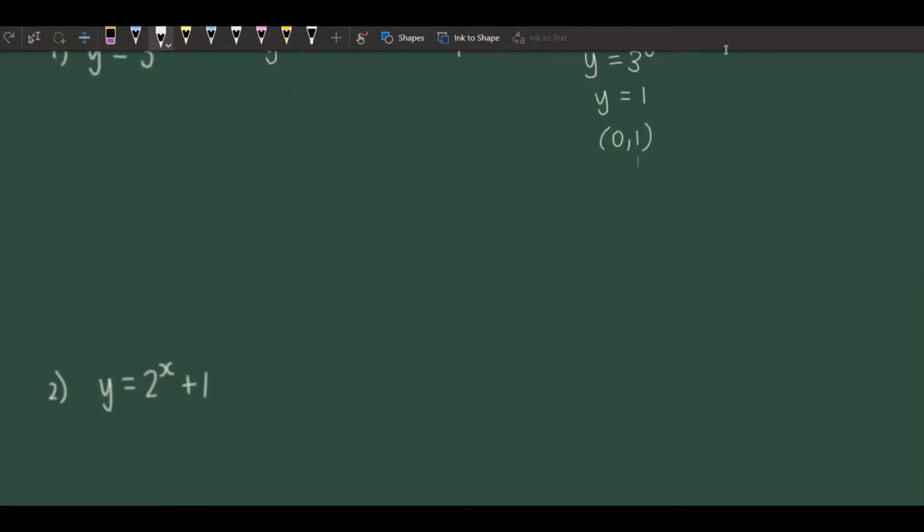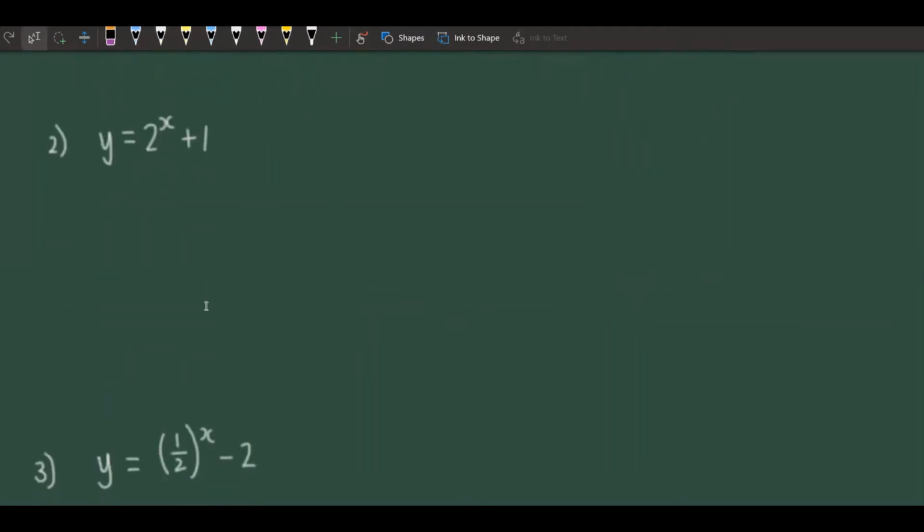Let us have a look at this example. In this example here, we have 2 to the power of x plus 1. Again, our a value is positive, and our asymptote is y is equal to 1, which is above the x-axis.